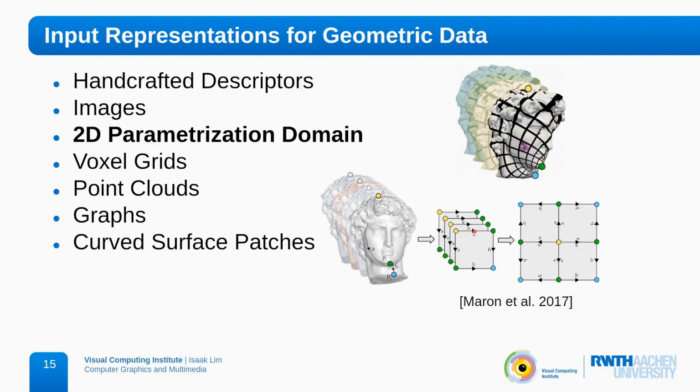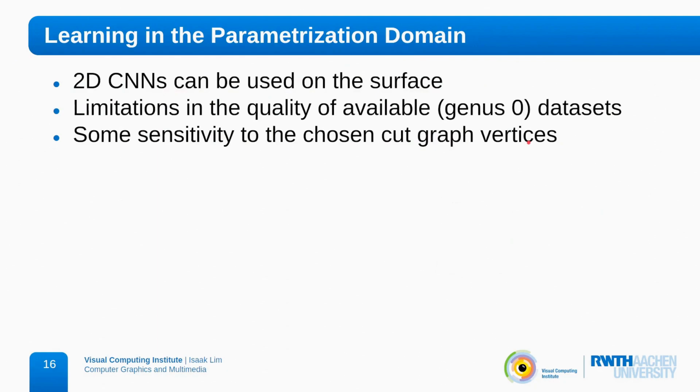And by tiling these 2D quads, we have a 2D domain in which we can apply a 2D convolutional network. So by sliding a convolution filter in this 2D domain, we are essentially sliding a convolution filter over the surface of this shape. This is nice because now we can apply 2D convolutional networks directly to the surface, and we are considering the neighborhood on the surface and not on the projection of a shape.